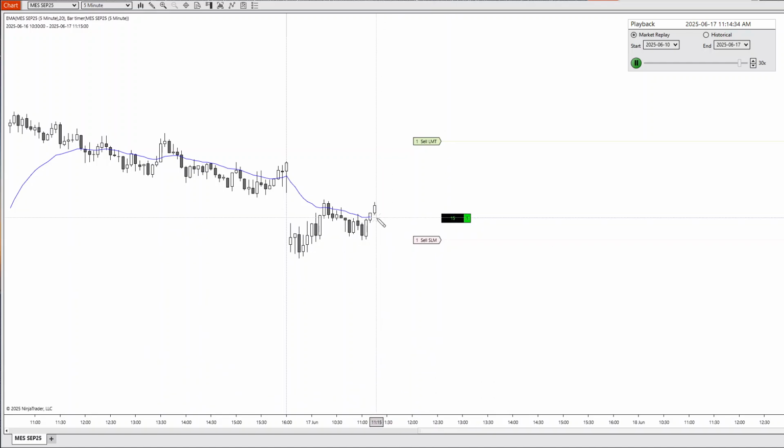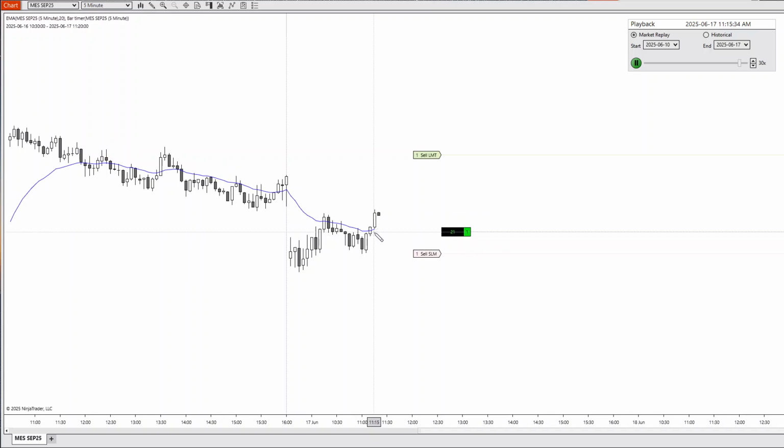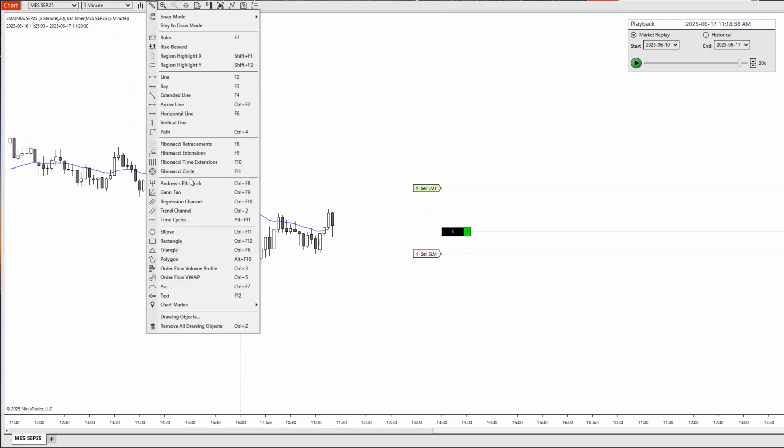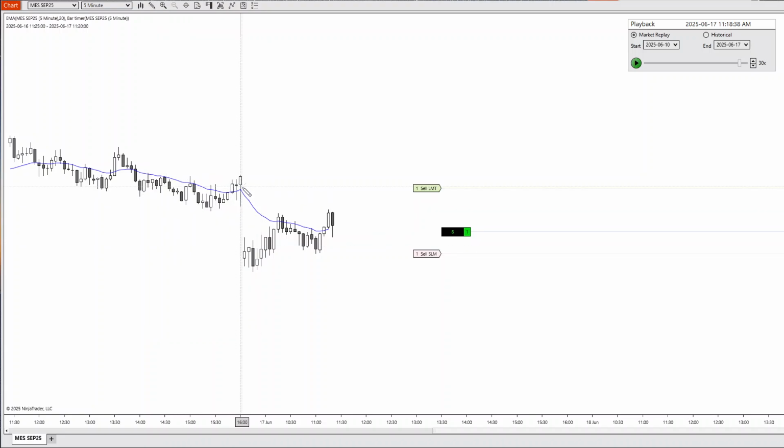Wait. That's 1 hour. That's 2 hour. So we are forming a double bottom bear flag, and also, let's say there's a giant bear bar here, which is a gap down bar.